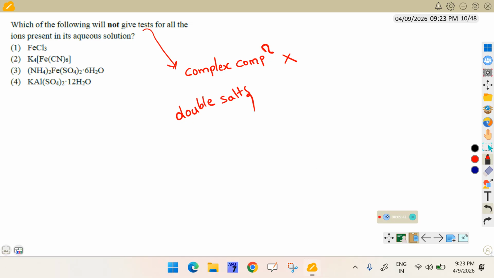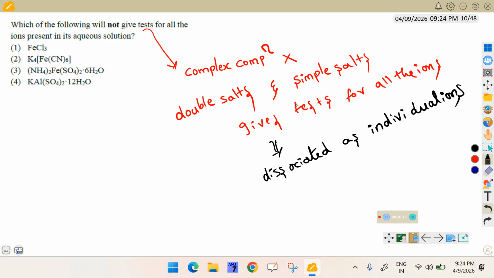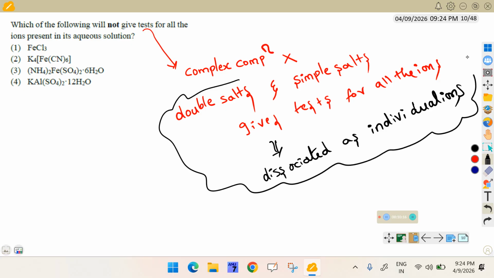Double salts and simple salts give test for all the ions, because double salts dissociate as individual ions.